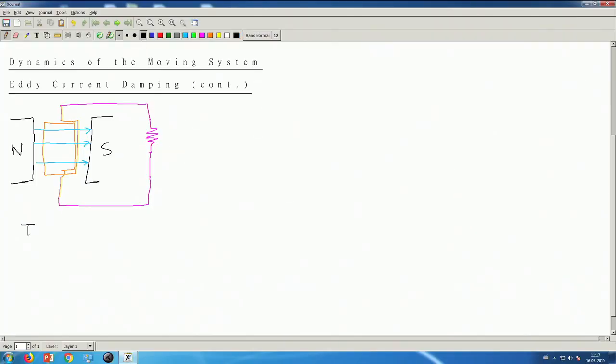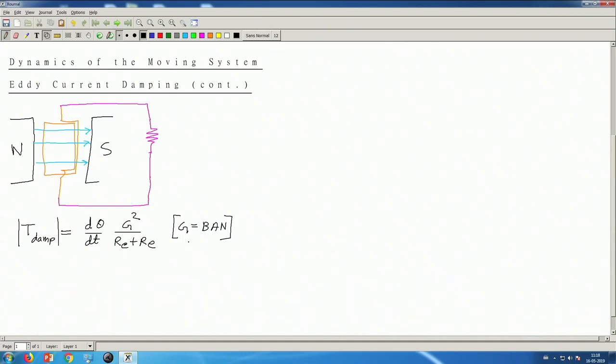In our last class we have seen that the damping torque, T damping, is proportional to the angular velocity, d theta by dt, multiplied by G squared divided by the total resistance in the circuit, which is coil resistance plus external resistance, where G is B A N: flux density, area of the coil, and number of turns.